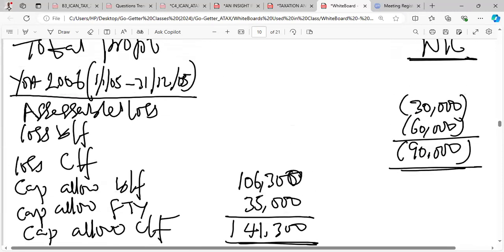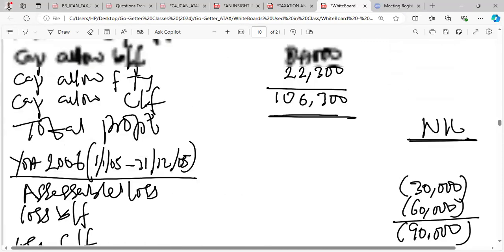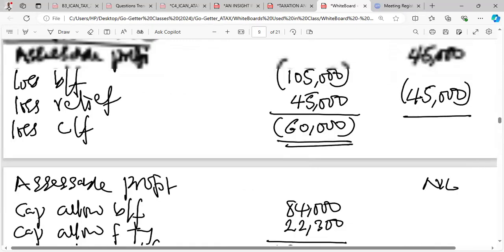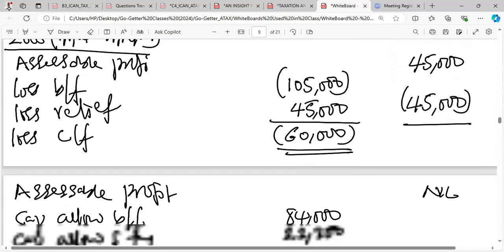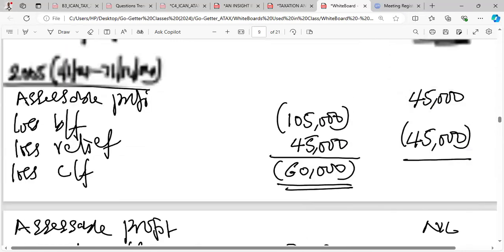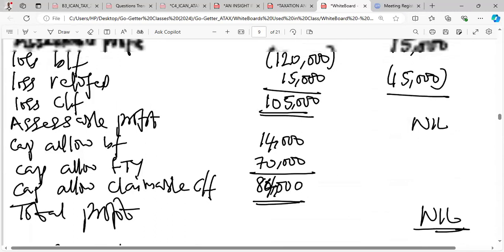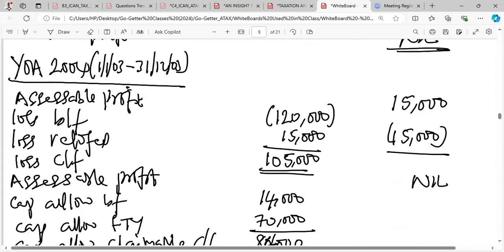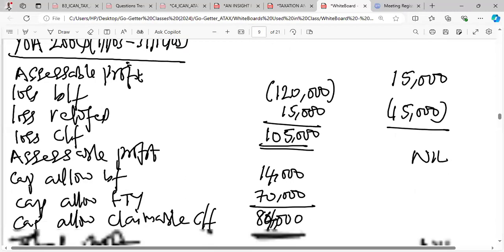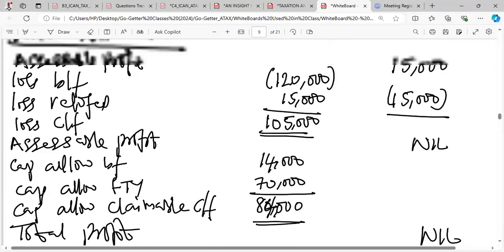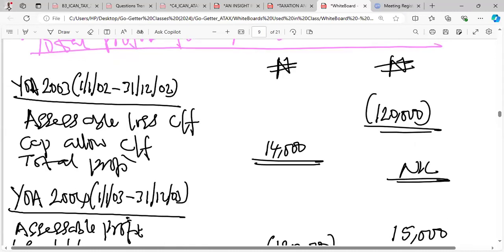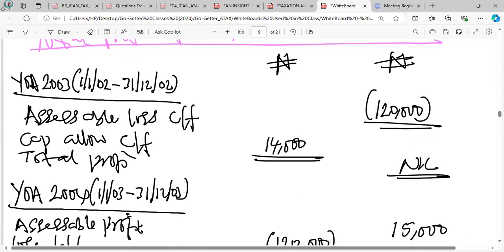There will be no education tax here and no CIT. This other year, 2005, there will be no CIT, but there will be education tax of 2% of 45,000. In this other year, 2004, there will be education tax of 2% of 15,000, even though there is no CIT. And in the first year, there will be no CIT, no education tax.